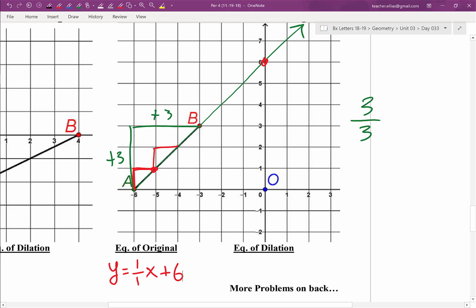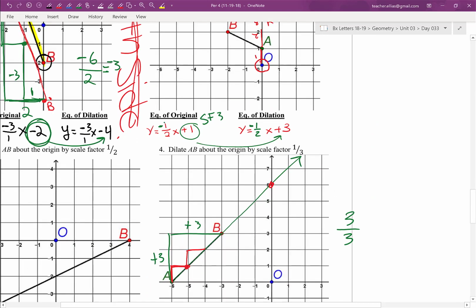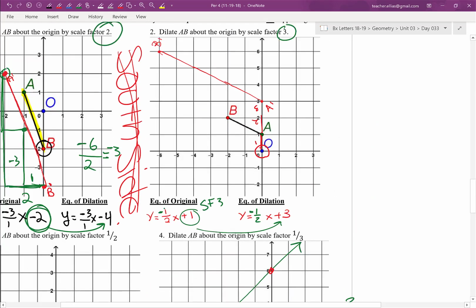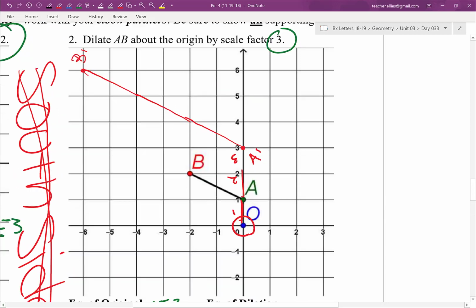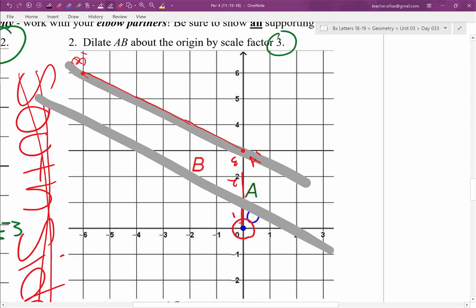So what's going to be the equation of the new line? 1x plus 2. Xavier, you're going to be the one that tells me all this now. Why do you always have to put me on the spot? Because I know you got this. What do you notice about those lines?